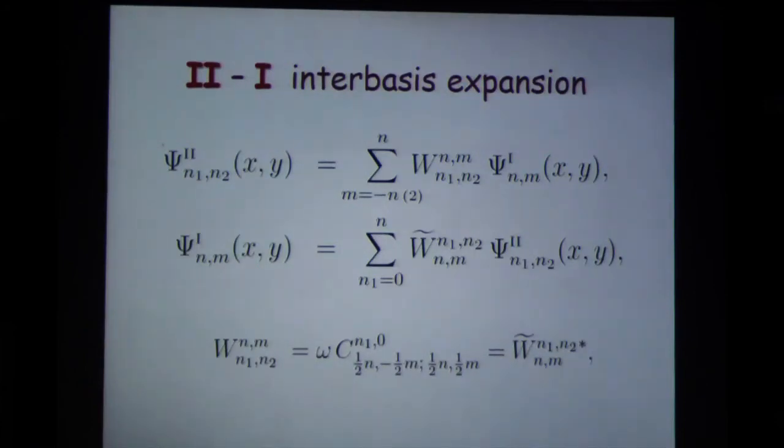So the interbasis expansion now can also be inverted. We could check that both systems 1 and 2, if they go by W, the inverse goes by the complex conjugate of the function. So this is related to this. You just exchange rows and columns, and that's the back condition.